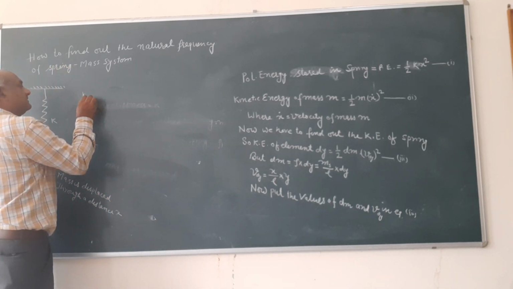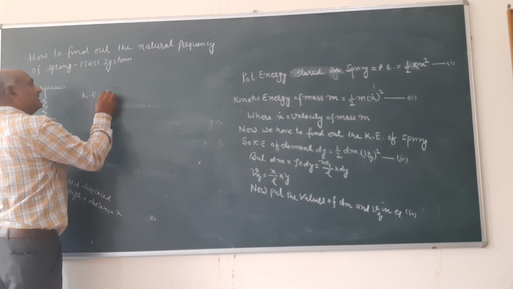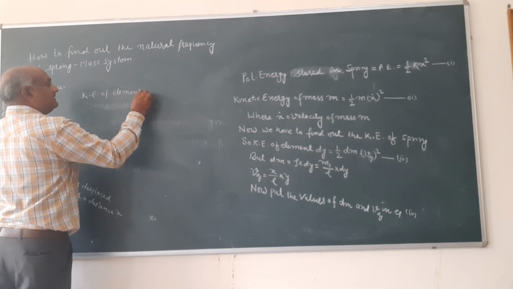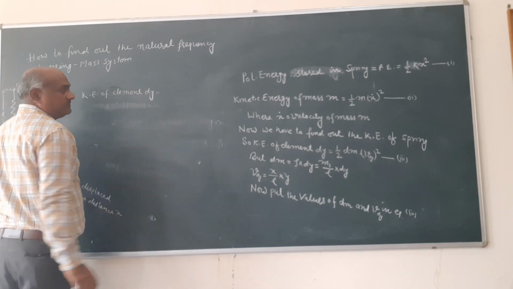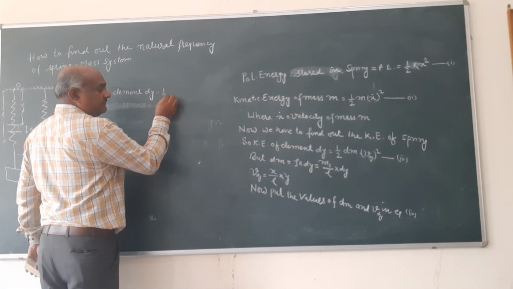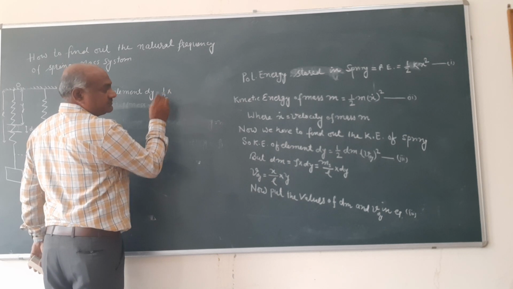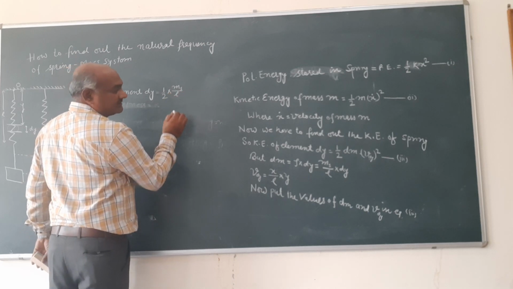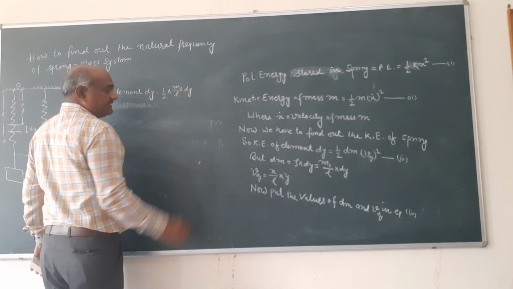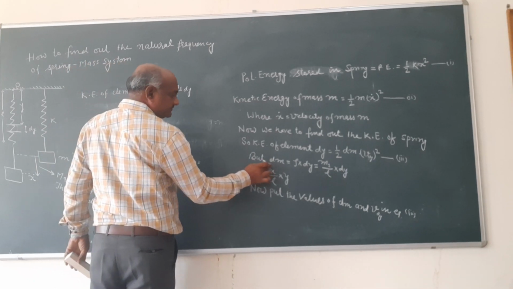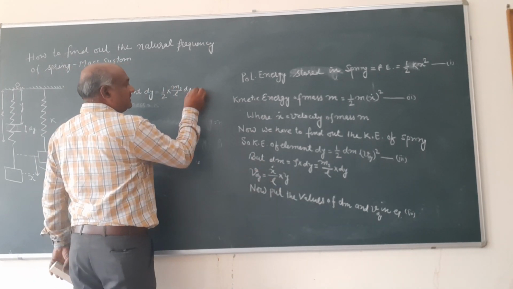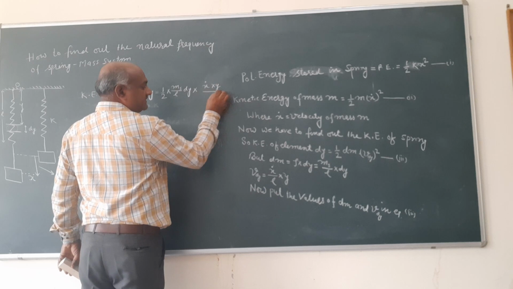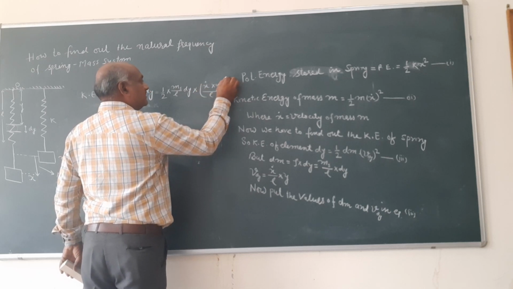So kinetic energy of element dy is equal to half into ms divided by L into dy into x dot into y divided by L, whole square.